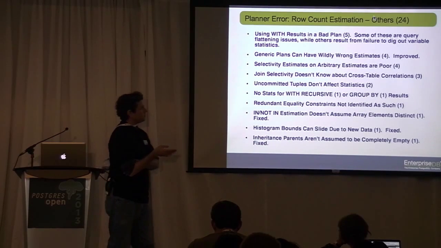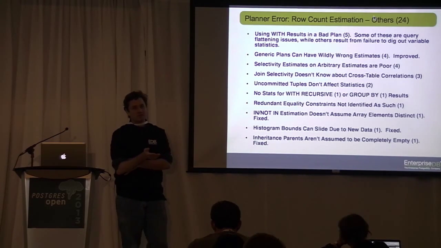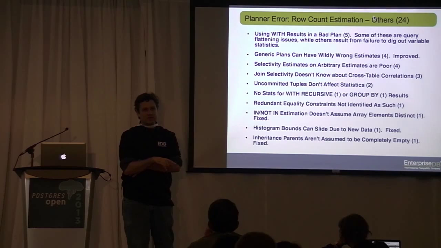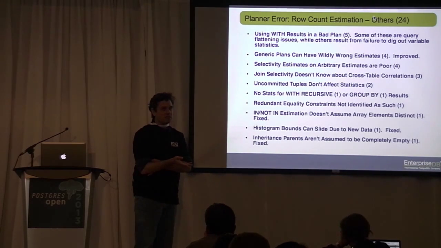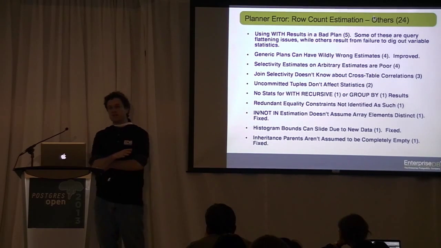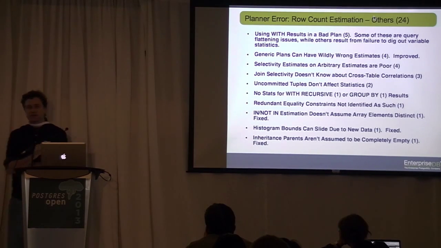I think this has probably helped some people. It's also hurt some people, because it turns out that as annoying as it was to not replan the query ever, replanning actually has a cost to it. And sometimes people who were happy with the old system are now unhappy with the new system because they're getting that replanning behavior, hurting the performance of their queries, and maybe they're not actually any better off than they were before.